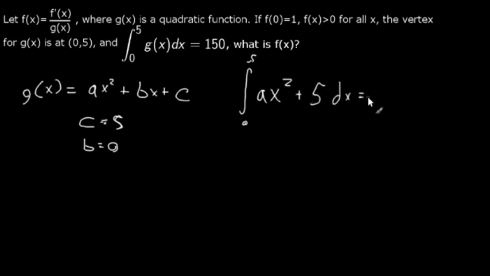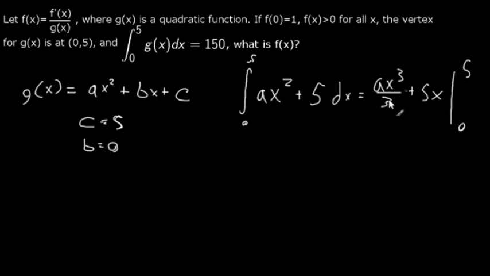When we evaluate this integral, we will get ax cubed over 3 plus 5x evaluated between 0 and 5. We have to plug in the top limit of integration and then subtract and plug in the bottom limit. The bottom limit is 0, and both of these are x terms, so it will just be 0 when you plug it in.